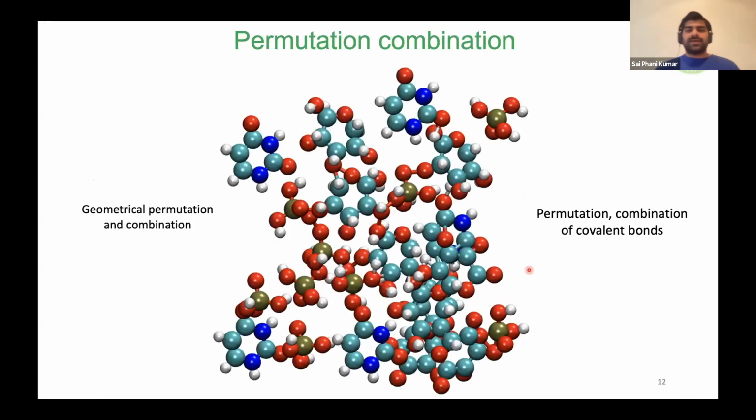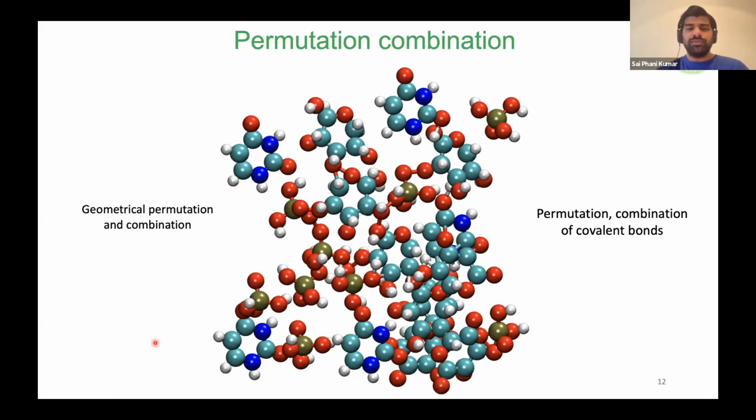Along with this, we would like to do a permutation and combination analysis. Because the proteins, polysaccharides, and nucleotides have n number of molecules.